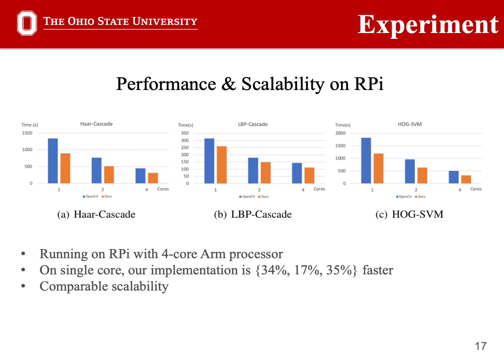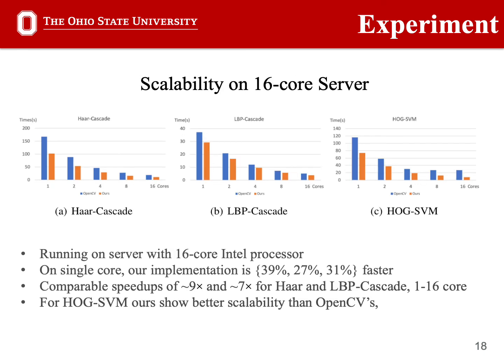On a single core of Raspberry Pi, our implementation is 17 to 35% faster than the implementation of OpenCV. When the number of cores grow, our implementation shows comparable scalability to OpenCV's implementation. When it comes to a server processor, our implementation is 27 to 39% faster on a single core.